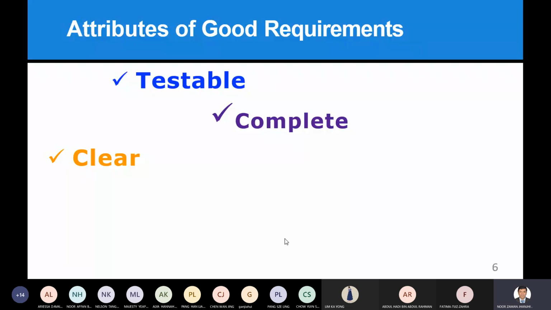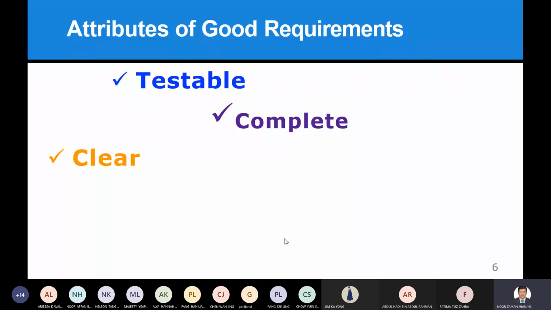When collecting requirements, we have to know whether a particular requirement is testable or not. But we cannot say that because it's testable, it is a good requirement, because testable is only one factor. We have a lot of different factors.